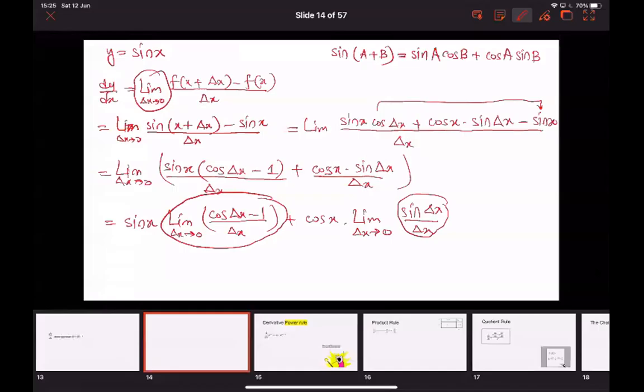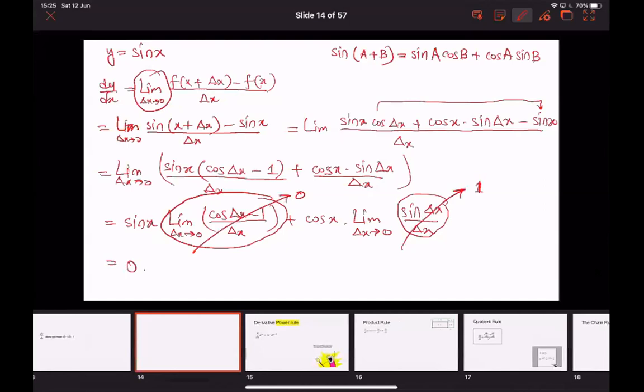That means this will be 0 when the limit of delta x goes to 0, and this other part is going to be 1. So sine x times 0 is 0, plus cos x in the second term times 1. That will give us cos x. Now we know that the derivative of sine x is cos x. We also saw it from the graph, but from the algebra, we can also see it has to be cos x.